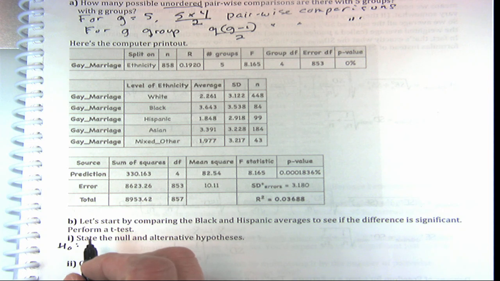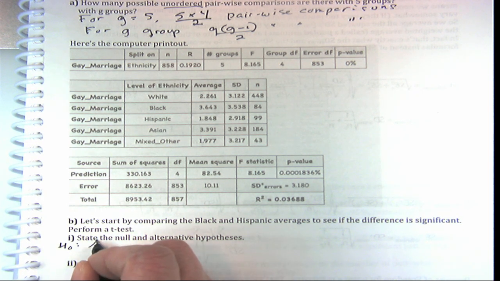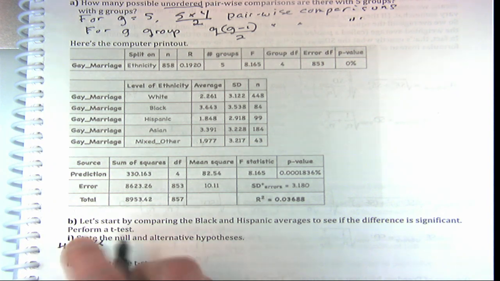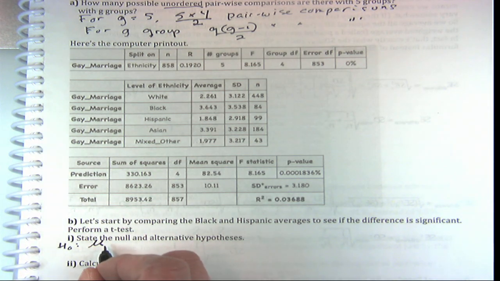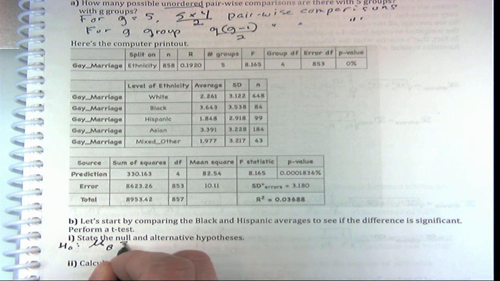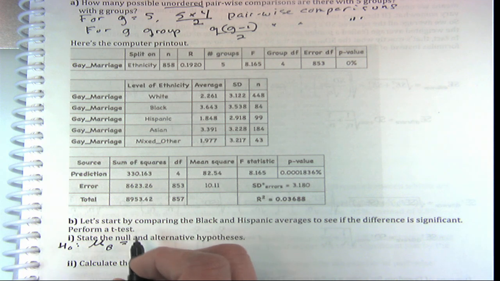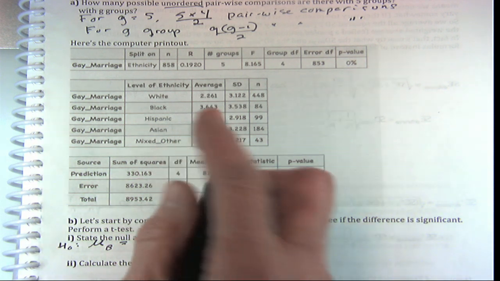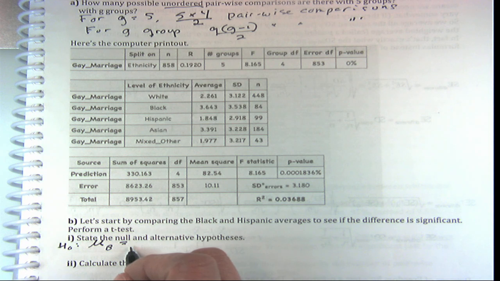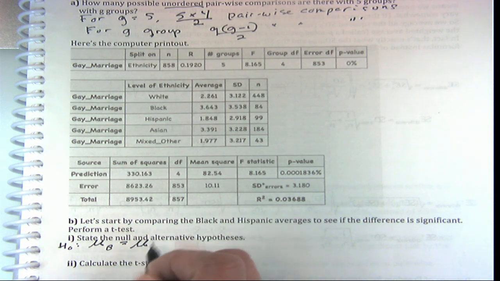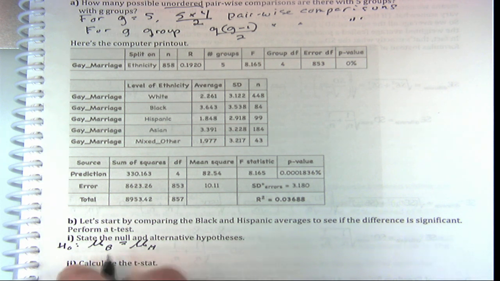So our null hypothesis is the usual one, that in the population, that's why I'm saying mu for the blacks, the mean in the population, the whole population of possible Stat 100 students or typical Stat 100 students that we're assuming these 858 were randomly sampled from, that the population between blacks mean and the Hispanic mean is the same, that there's no difference.